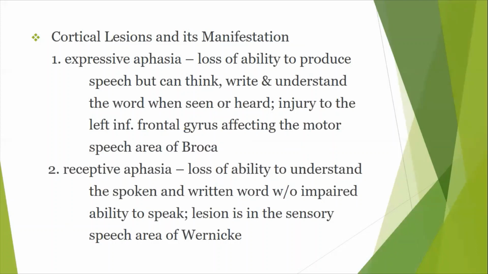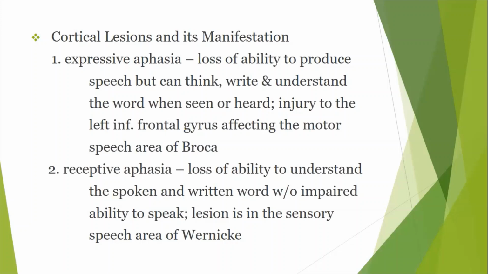So we go back to the cortical lesions and their manifestations. When you say expressive aphasia, there is loss of ability to produce speech, but the patient can think, write, and understand the word when seen or heard. So if you are given a patient who has this condition, how can you extract the history? Simple.